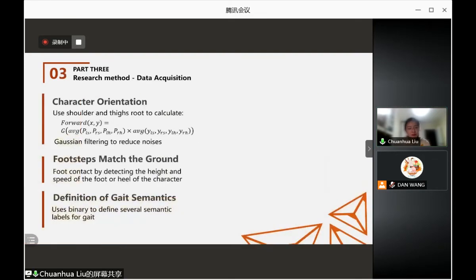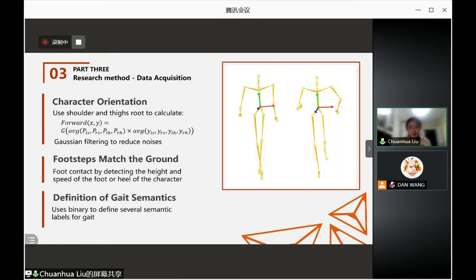And about the research method, first of all, the data acquisition. We need to solve these three parts. First of all, we need to calculate the character orientation.